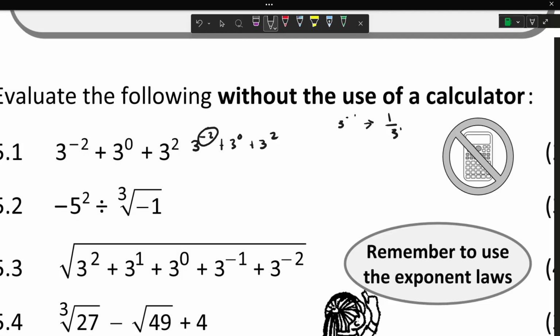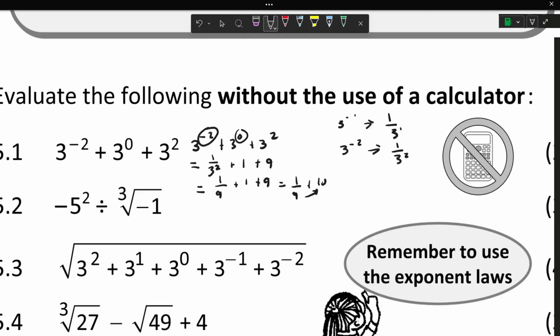So 3 to the -2 is 1 over 3 squared. Now we have 1 over 3 squared plus 1, because it's to the 0, plus 9, because it's 3 squared, which is 1 over 9 plus 1 plus 9, which is 1 over 9 plus 10.